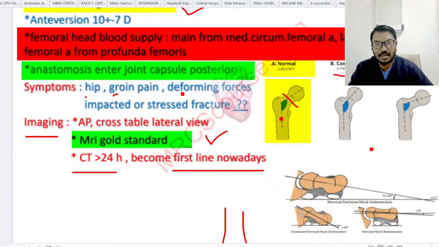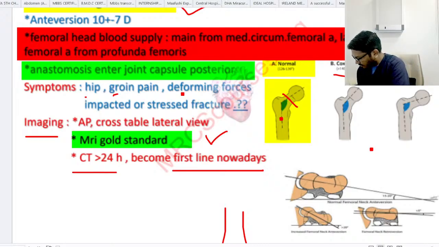Anastomosis enter the joint capsule posteriorly. Then one profunda femoris and another one, another capsule proper artery. Maybe.